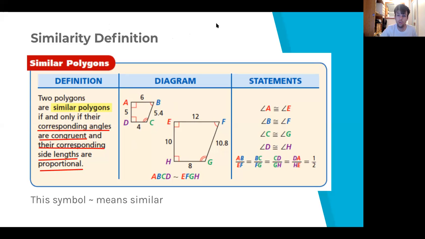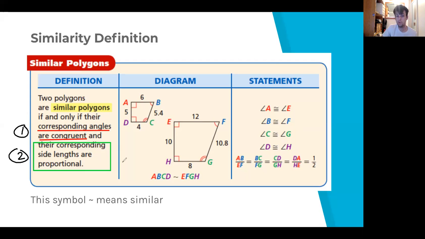So those are two pieces to that. Let me put a box around that second part. Corresponding sides are proportional. So when we're trying to demonstrate that two polygons are similar to each other, we need to make sure we know both of these things. We need to make sure that all the corresponding angles are congruent and that the sides are proportional.